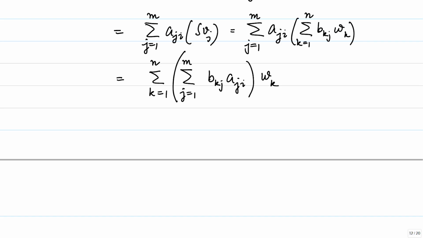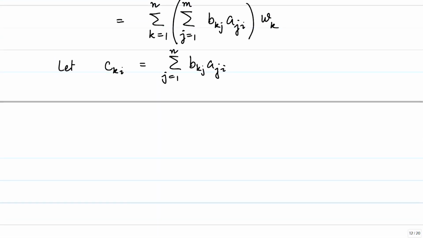So what we will do is define C_ki to be equal to summation B_kj A_ji, where j is going from 1 to m. You should already start seeing the similarities with the matrix multiplication.